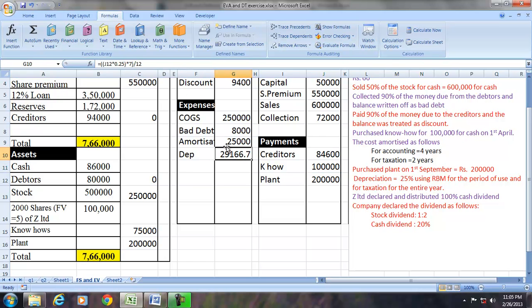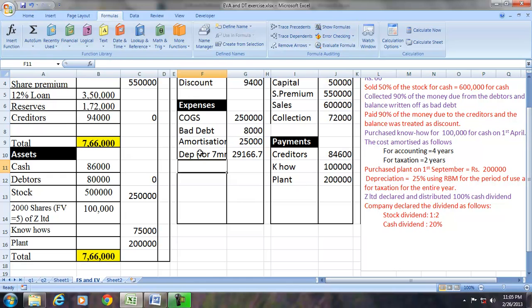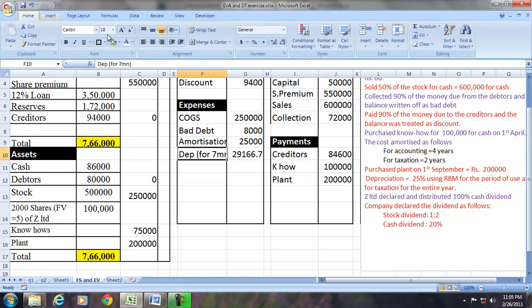So 29,166 is the depreciation for the period. So depreciation is charged for 7 months. It is very clearly mentioned that depreciation is for the period, and depreciation for the period is for 7 months. So the plant will reduce to the extent of depreciation.